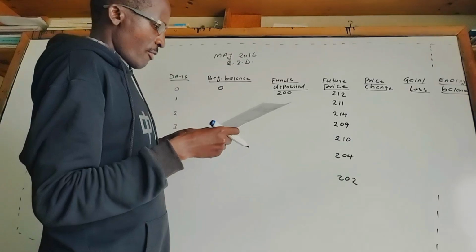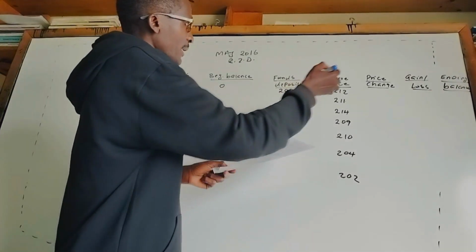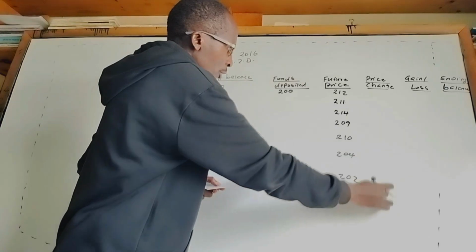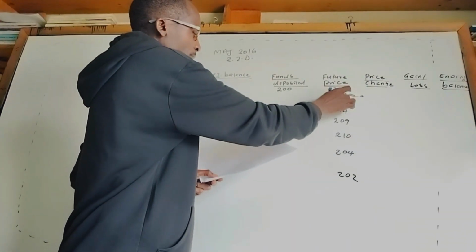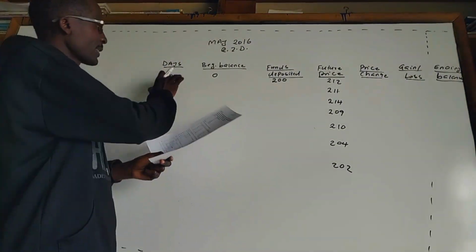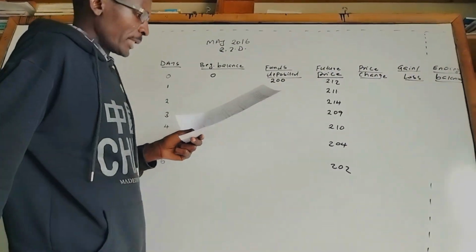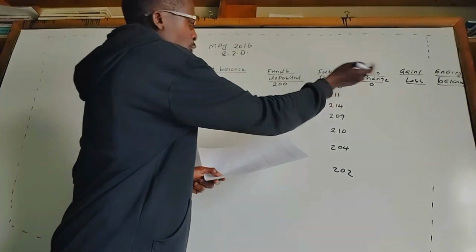Now the other column that we can fill here is the price changes. What is the price change at the beginning? At the beginning there is no price change because we are just at 212.